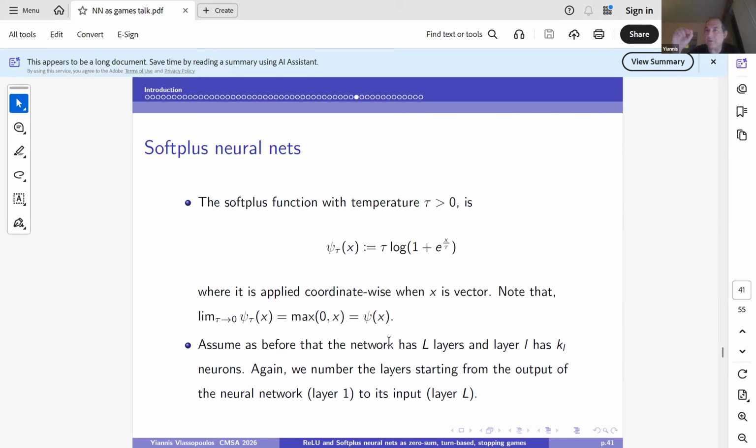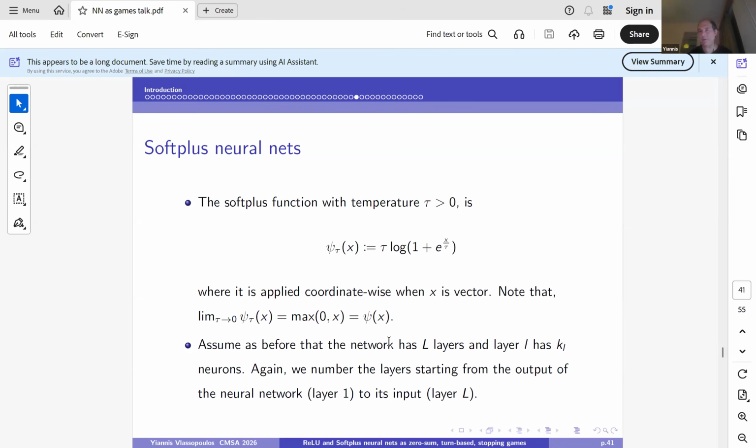So you're going to stop or continue with a certain probability, and to the reward we add the logarithm of the policy probability. This is called the entropic regularization of the game. If you make this modification of the reward, then you get precisely the game for the Softplus neural network.